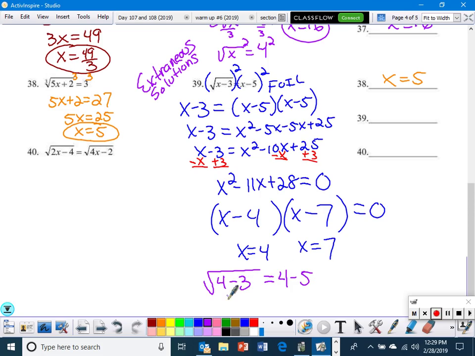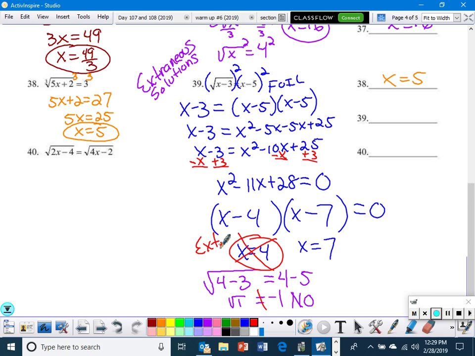I end up with the square root of 1 equals negative 1. No. That is not true. The square root of 1 will not equal negative 1. So this is an extraneous solution.